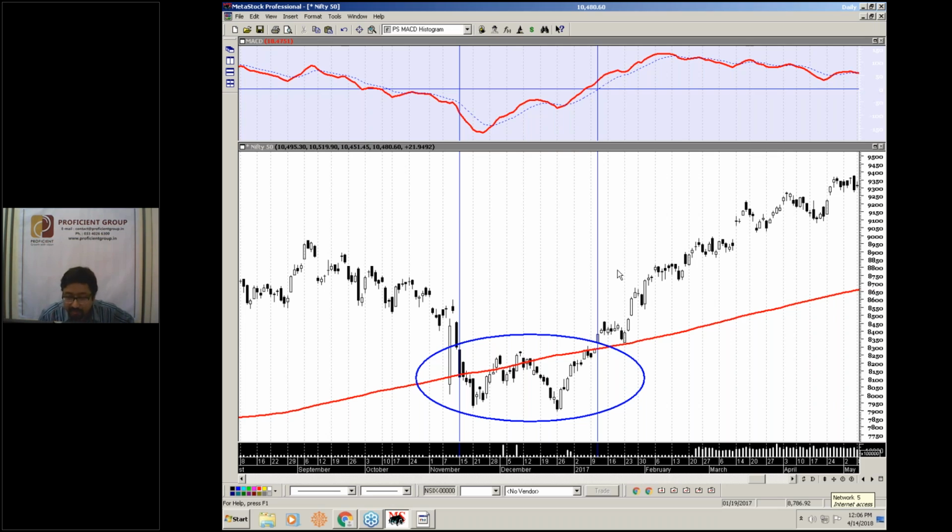So at this point, I will say the downtrend that started here on the 15th of November is actually ending here on 11th of January 2017. And here I have every reason to go long, and here I had reasons to go short, right?